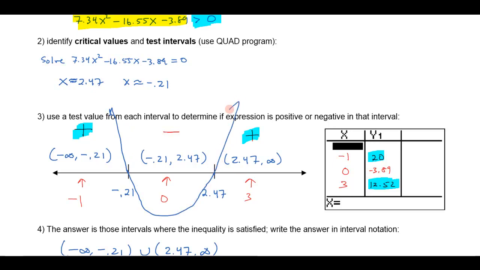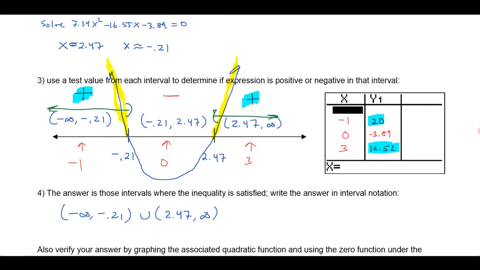And just from that graph, I'm ultimately trying to figure out where that graph is greater than 0. And you can see it's going to be greater than 0 here and here. That corresponds to these x values, over here and over here. Any of these x values are going to make the graph be above the x-axis.